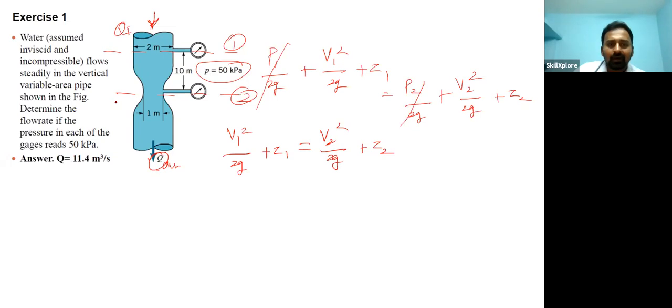Absolutely the velocity at the exit will increase, so we can say V2 square by 2g minus V1 square divided by 2g is equal to Z1 minus Z2, since Z1 is above the value of Z2.